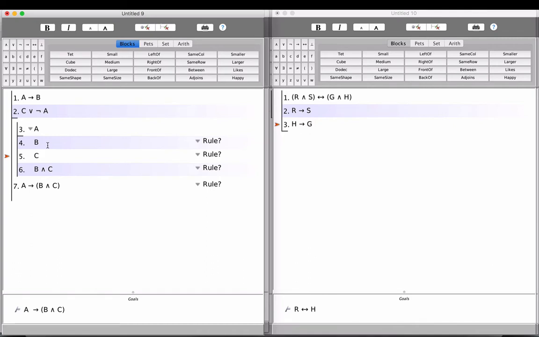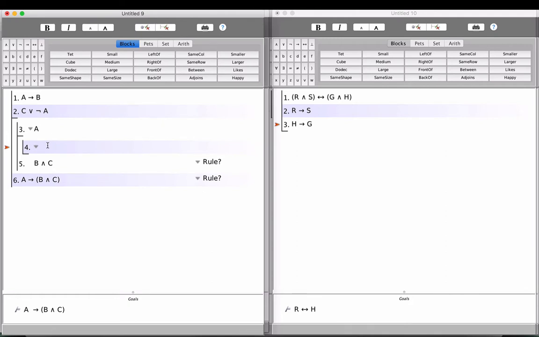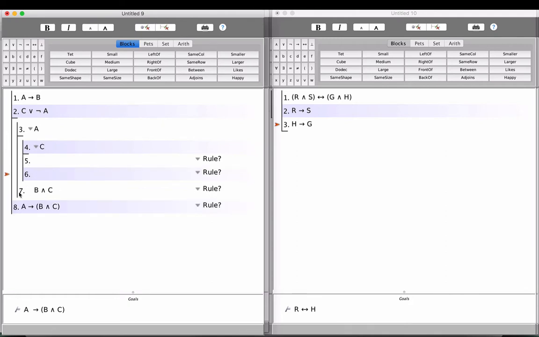And so then you might say, well, what I'm going to do is before I eliminate the conditional, I'm going to assume C. What do I want? I want the conclusion of the conditional intro subproof. So I want B conjunction C.